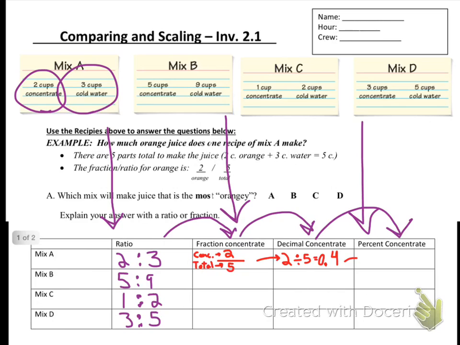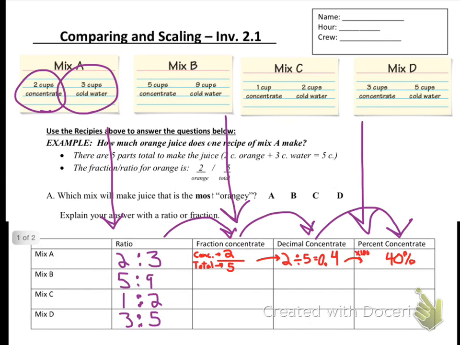Now in order to make that into a percent, I just take that decimal and times it by 100, and I get 40% concentrate. So we went from 2 to 3, to 2/5, to 2 divided by 5 giving us 0.4, times 100 gave me 40%.